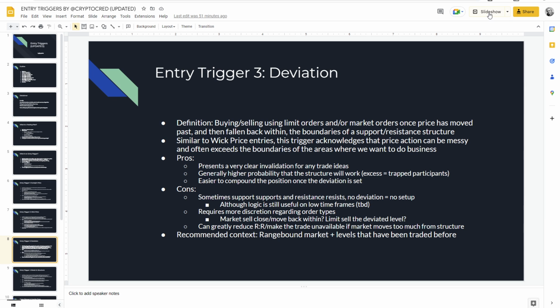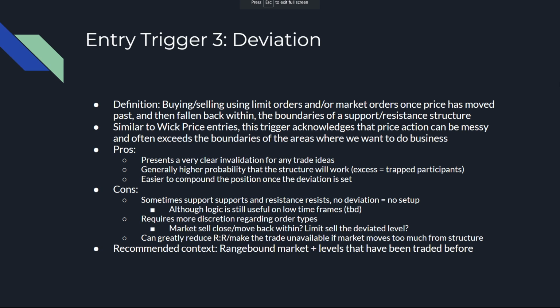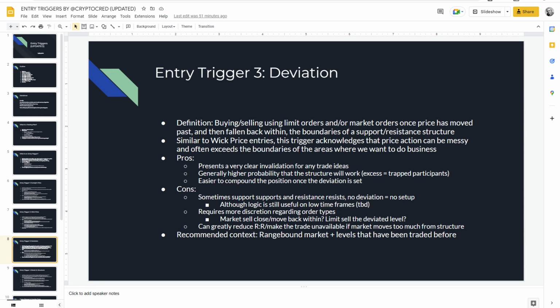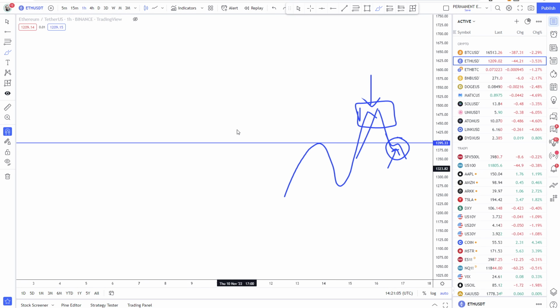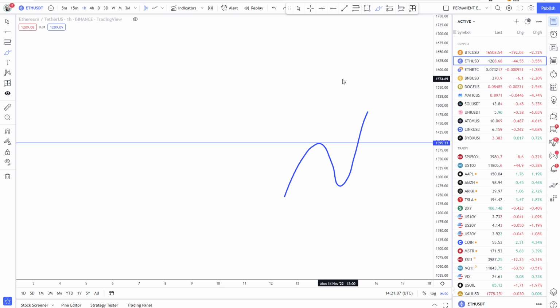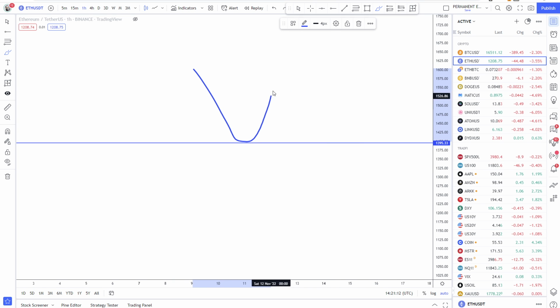Now, the pros and cons here are as follows. Probably the best thing about this type of setup, and why I personally like it so much, is it presents a very, very clear invalidation for any trade idea that you have. As we discussed, the premise of these deviations is that the market typically doesn't double deviate, right? So if we take an example of this as support, you have support here, and the market comes back, excess, and then back within the range.